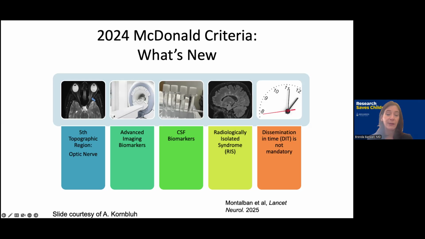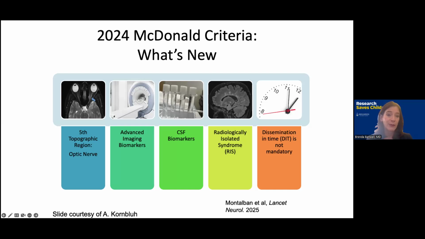And then as in prior criteria, you needed dissemination in time. So when MS criteria were first proposed, now more than 50 years ago, you had to have more than one clinical attack, no matter what your first attack looked like. And of course, at that time, that was prior to MRI.